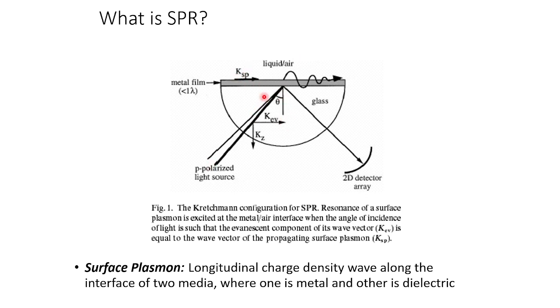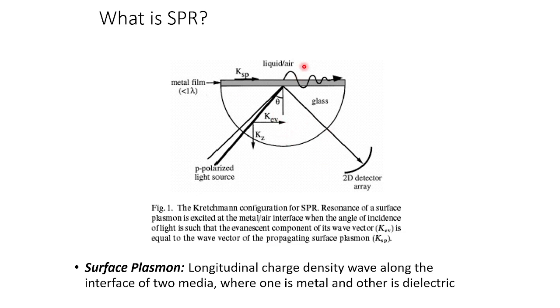This is the Kretschmann configuration of SPR, that is, the resonance of a surface plasmon is excited at the metal and air interface, where the angle of incidence of light is such that the evanescent component of the wave vector, KEV, is equal to the wave vector of the propagating surface plasmon, that is KSP.